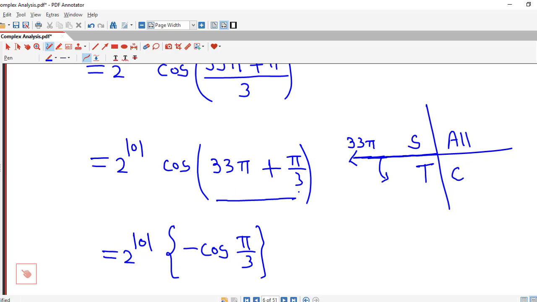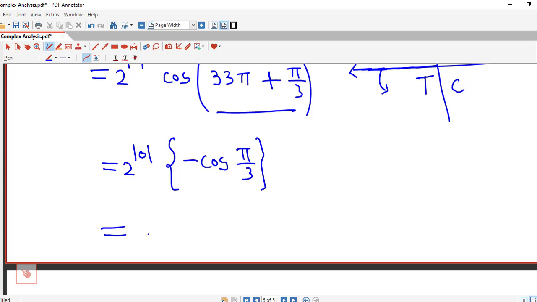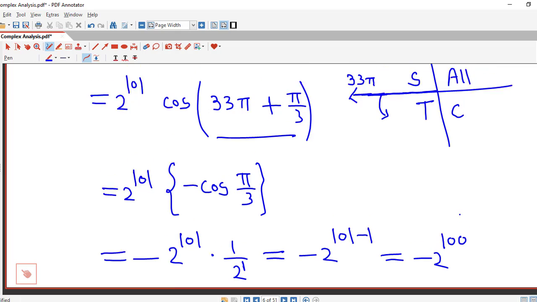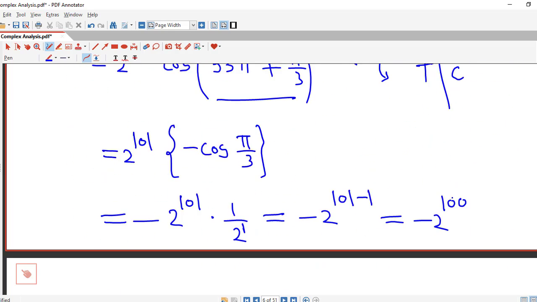Because this angle is in the third quadrant, we can take the negative sign outside, and the value of cos π/3 is 1/2. So this again we can rewrite as 2^(101−1), which is nothing but −2^100. So the value of the given expression is −2^100.